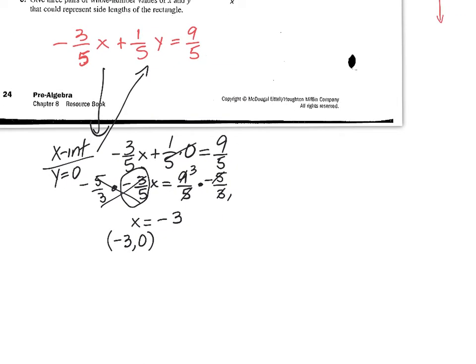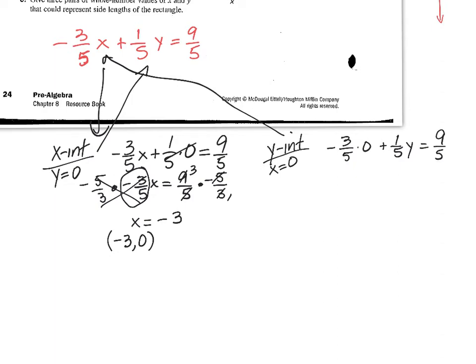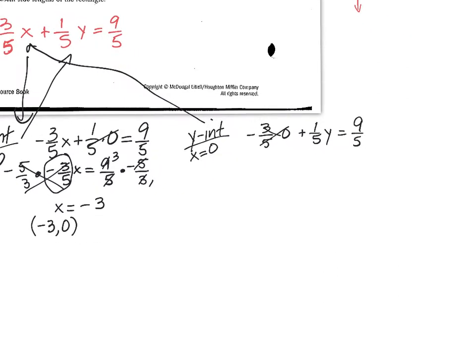For the y-intercept, we know every x is going to equal 0. So we go into that equation and plug in 0 there. So -3/5 times 0 plus 1/5 y equals 9/5. These cancel out.